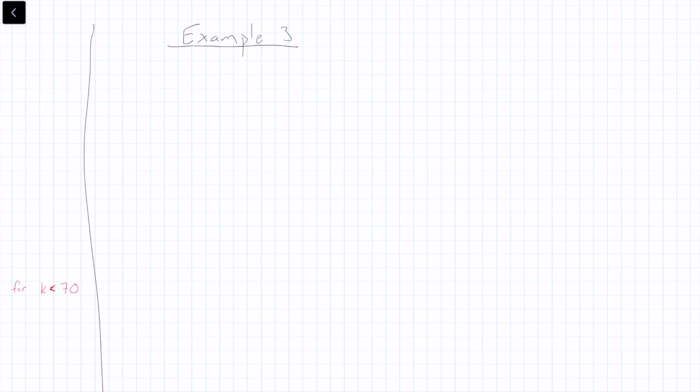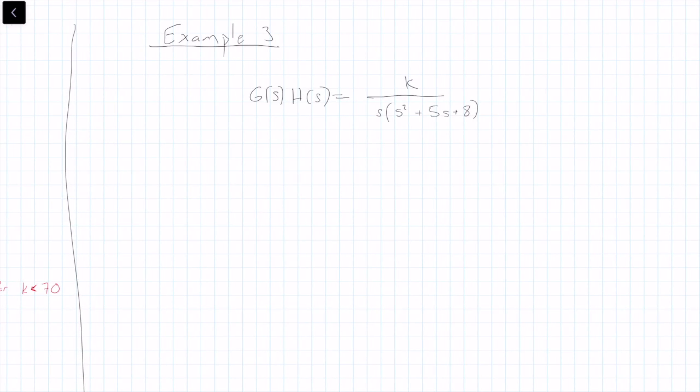Okay, so basically we have a closed control system which has the following open loop system: G(s)H(s) equals K over s squared plus 5s plus 8. So we need to get it into the format that we want, the characteristic equation format, which is 1 plus K times 1 over s squared plus 5s plus 8.